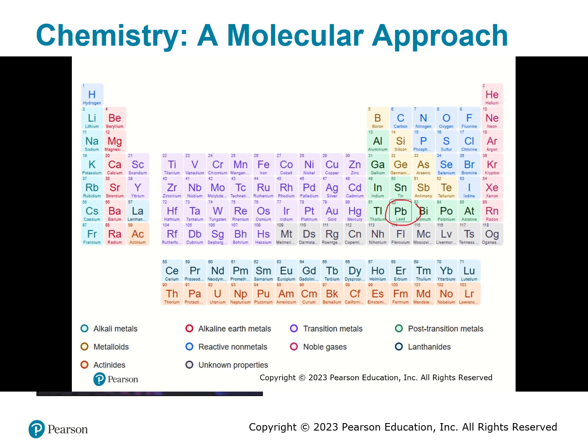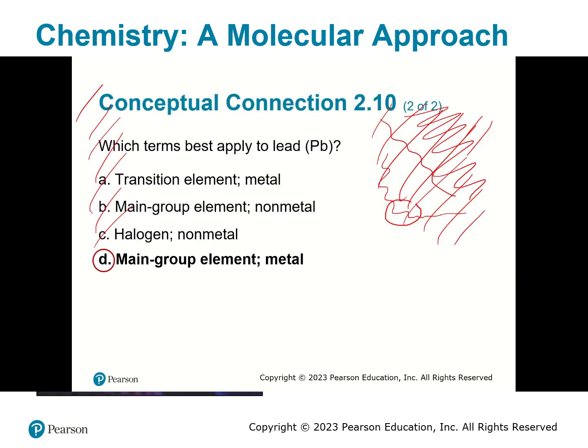Remember, these are the main groups. So we know that lead is in the main group, but is it a metal or a non-metal? This part here is still metal, this is metalloids, and this is non-metals. So main group element, metal.